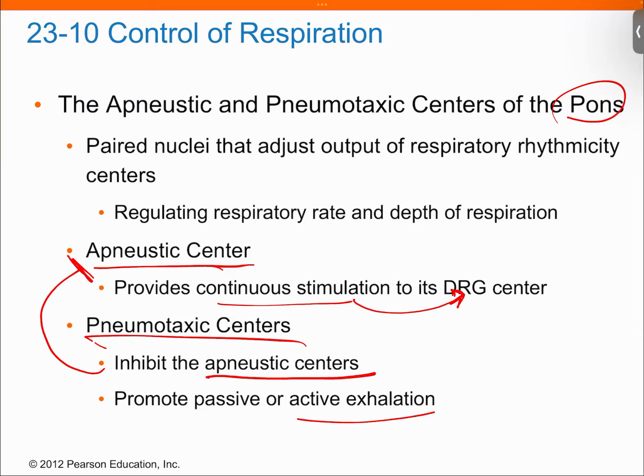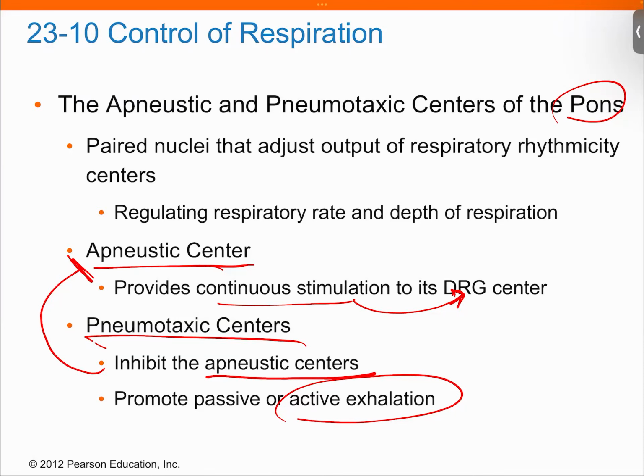And so it'll be a promoter of exhalation. It reduces inhalation and promotes exhalation. So this is another layer on top of the DRG and the VRG. So that's great, we got a middle manager.